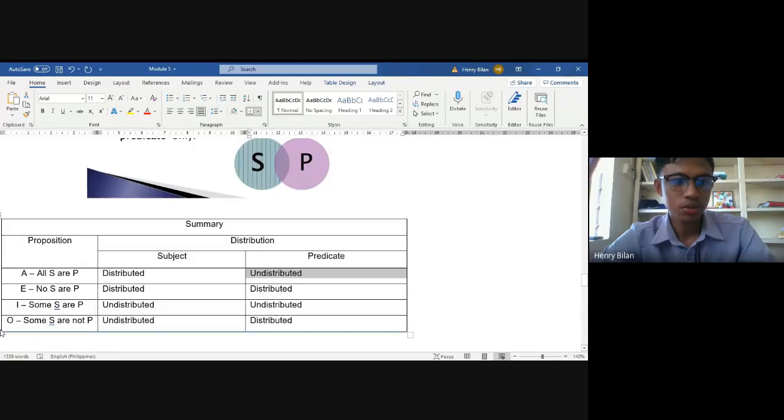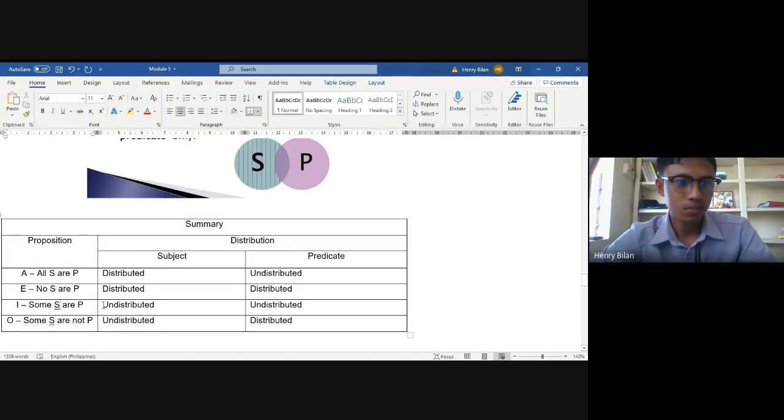For the E proposition, both terms are distributed because they exclude each other. All S are not P. So that S is used as universal, P is also used as universal. So both terms are distributed. Some S are P, I proposition.